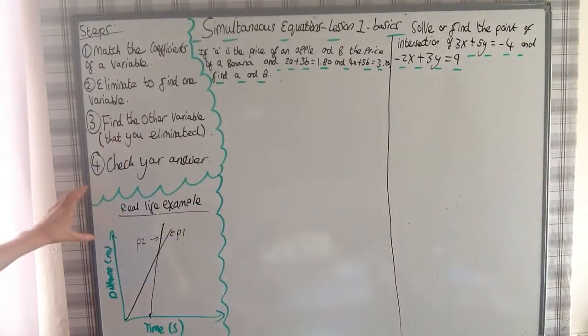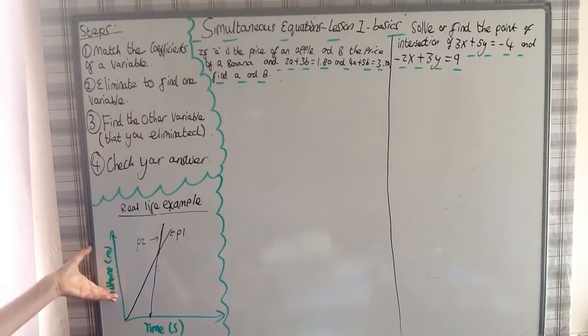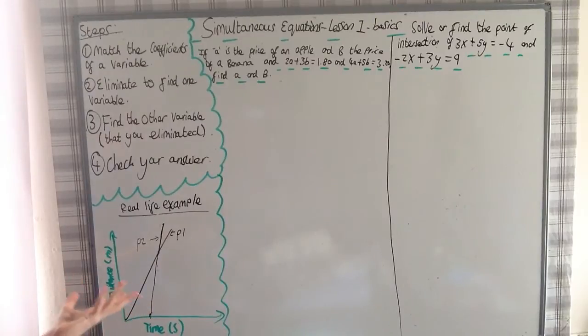I found a real life example here, and I just want to show you that simultaneous equations do apply to real life situations, unlike many topics in maths where you might think, how is that really going to help me in real life? Well, this is an application of simultaneous equations. Say we've got a distance in metres and time in seconds of two sprinters.